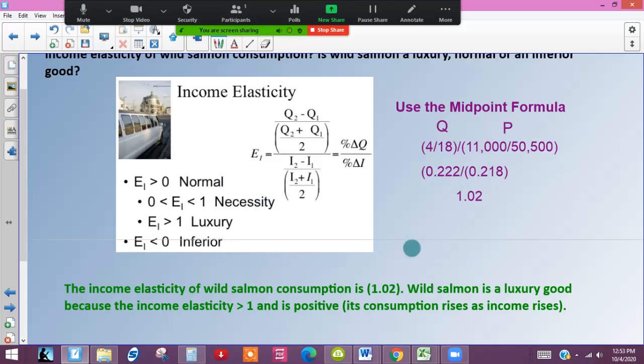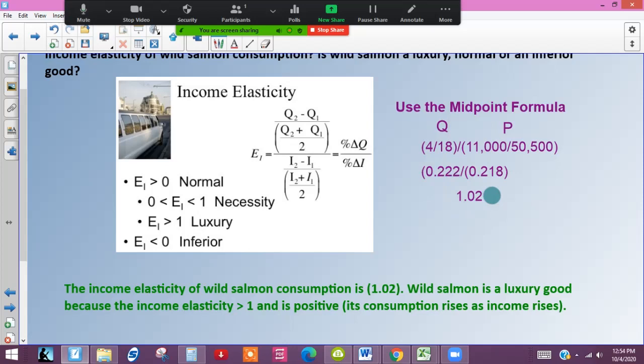This is very close to being normal, right? It's just on the edge. So you could say, well, it's really close to 1, so you could call it a normal good, or you could be very technical and say, well, it's actually a little bit over 1, so it's a luxury. Either way is fine. The important thing is you know how to compute what it is, okay? So it's either going to be a normal good or a luxury good, okay?